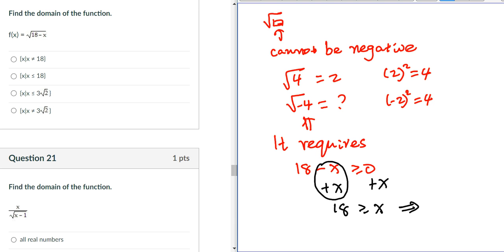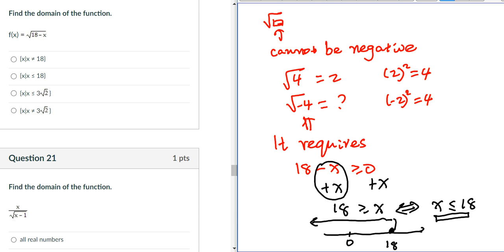This is the same as saying x is less than or equal to 18. They're the same. Why I wrote it this way is because on the real number line, if here is 0, here is 18, you want to use a solid point, from this point all the way to the left.